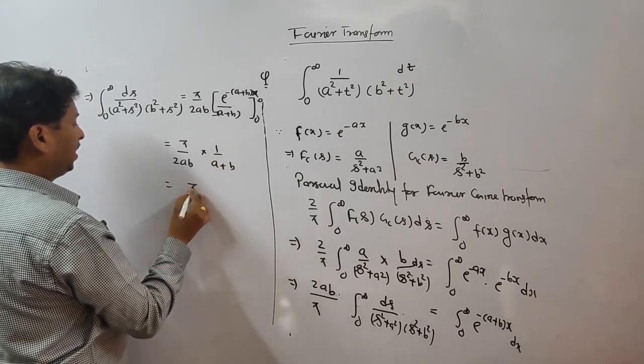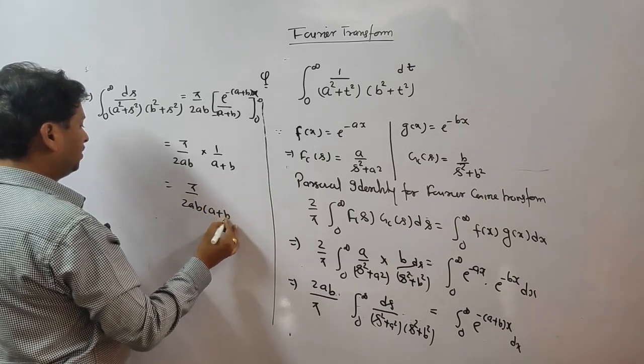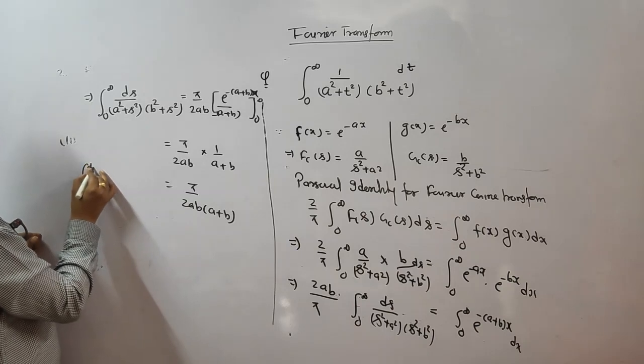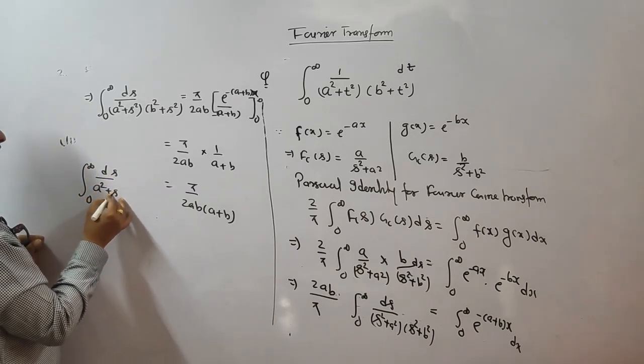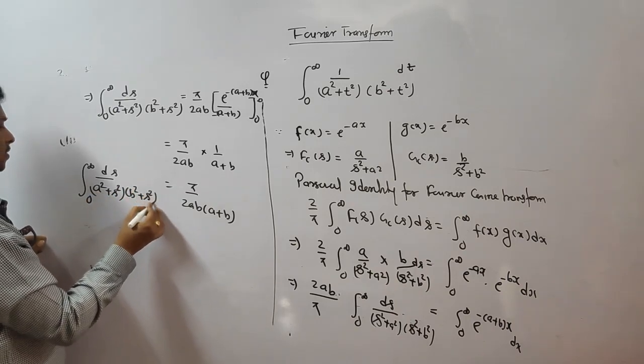So what is the answer? Pi upon 2ab(a plus b) of the integral ds upon (a square plus s square)(b square plus s square).